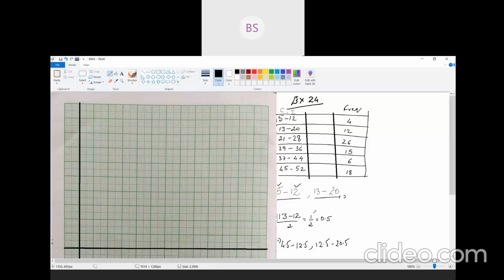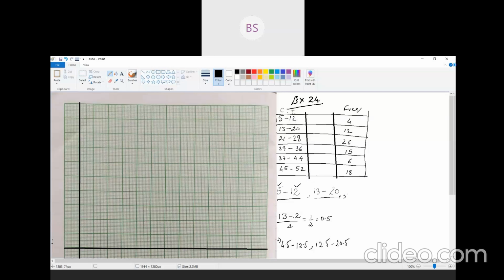So we get 1 upon 2, that is 0.5. We have to add and subtract this 0.5 in the given class intervals.